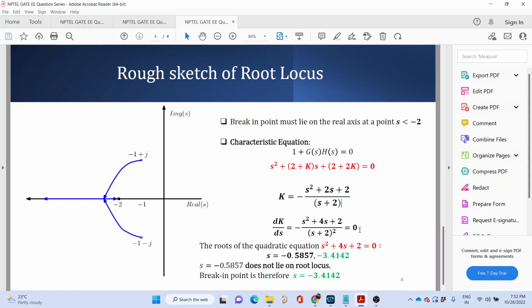If you equate the numerator to 0, you find that s is equal to minus 0.5857 and the other would be minus 3.4142. But again, the minus 0.5857 will not lie on the root locus. The other point would lie on the root locus. So the breakaway point would lie at s equal to minus 3.414. So the correct answer is this.